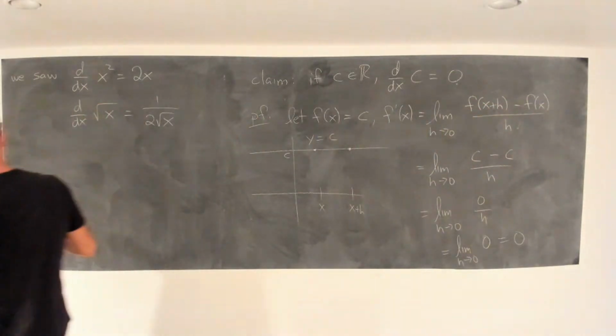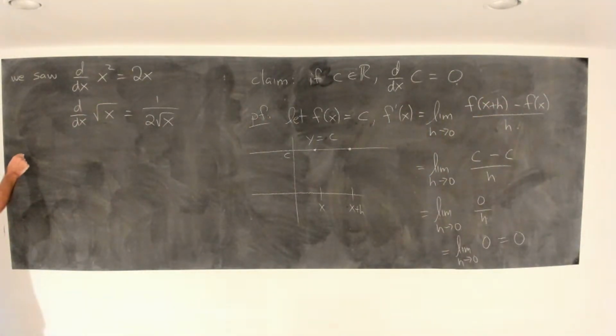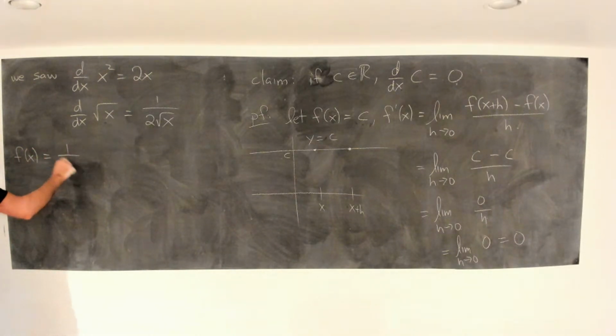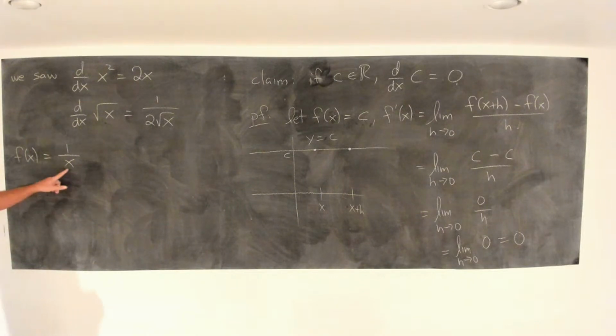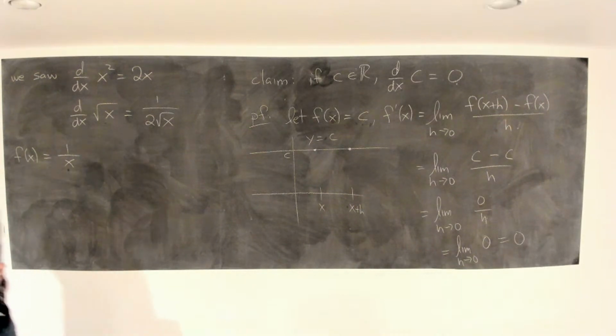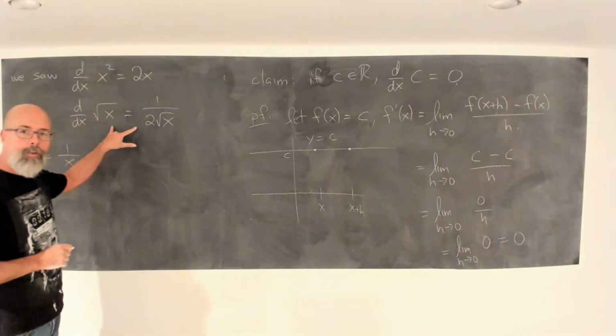Let's look at the derivative. I think we had done the derivative of 1 over x as well. Am I right? Yes or no? Wait, no, we did not see that?